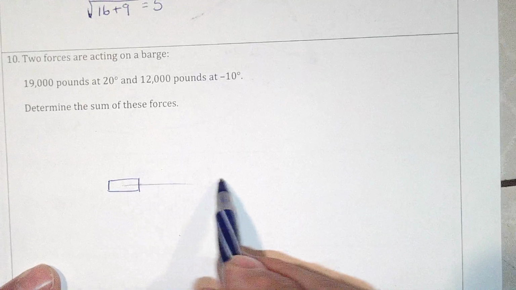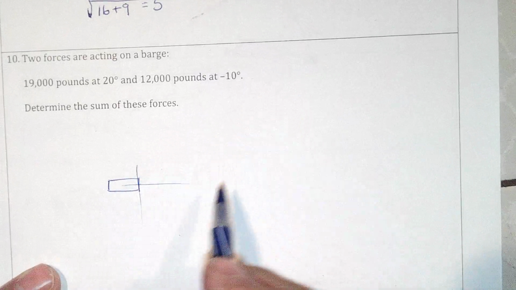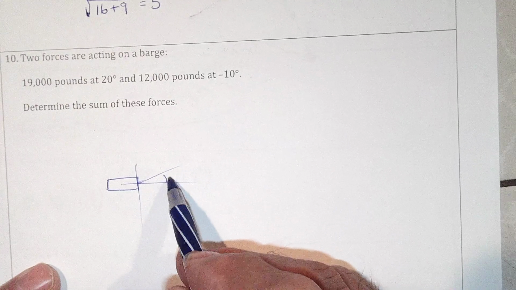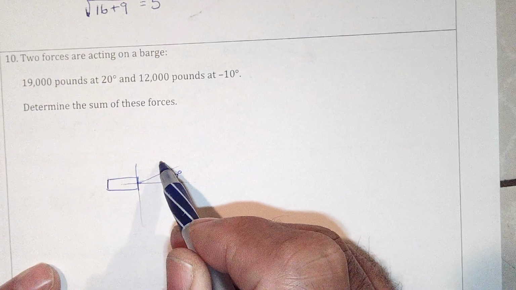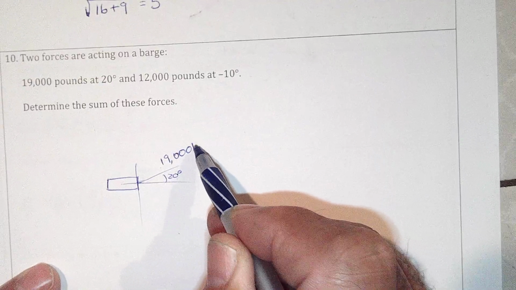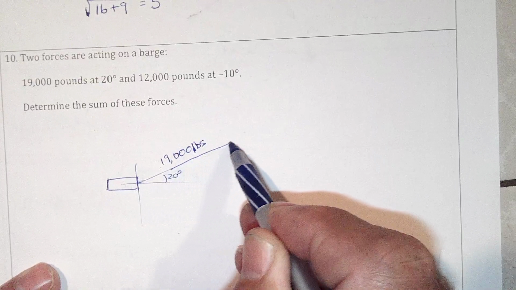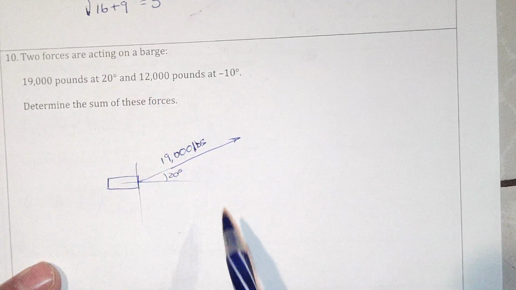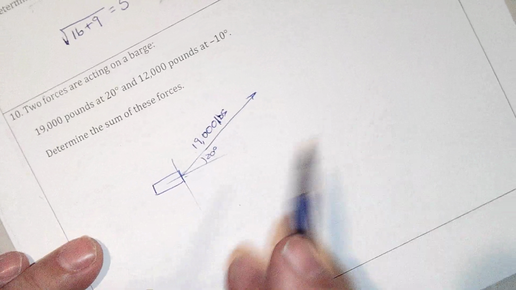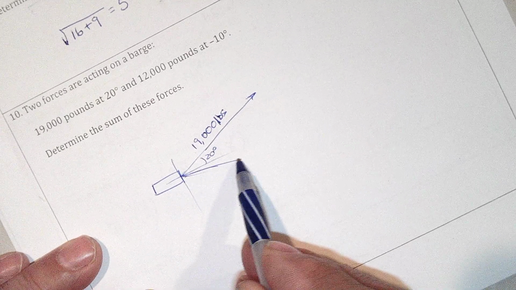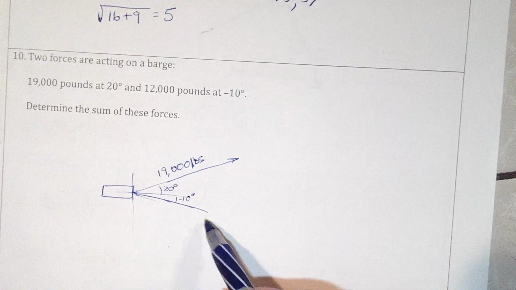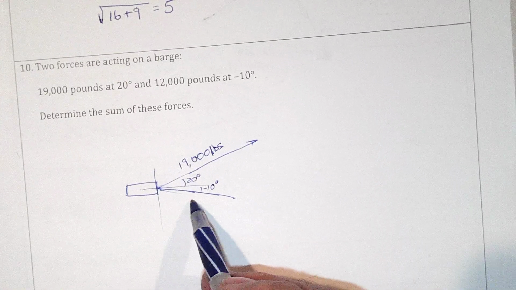So if I just set up trig coordinates, I got one at 20 degrees, that's 19,000 pounds of force. And I got another one that's 12,000, so it's a little bit smaller vector at negative 10 degrees, a little bit shorter, 12,000.